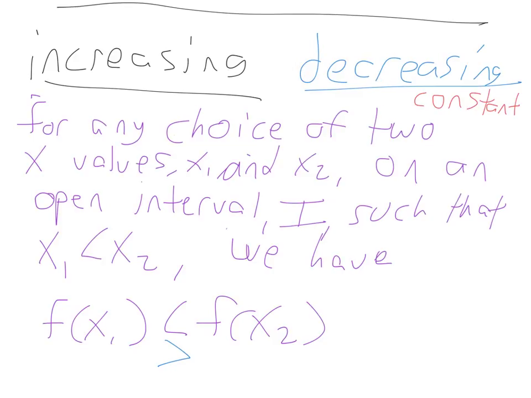Just so you know, when a function is constant on an open interval, it's the same definition: you have two x values on that interval such that x1 is less than x2, but instead of the first y value being greater than or less than the second one, they would be equal. Note the different colors of the words and symbols correspond to each other.